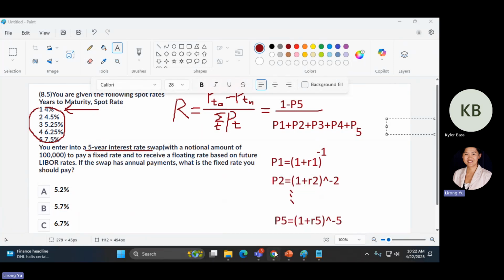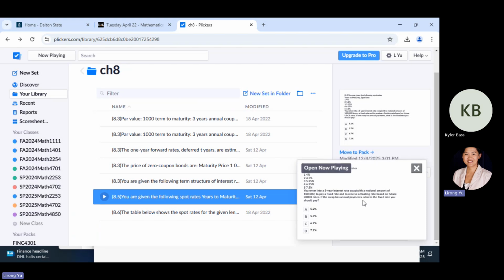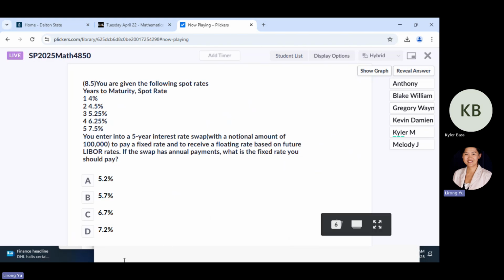It certainly will be faster if you can use Excel, but we can't really rely on Excel. Most of the time, what we have on the FND exam is just your own calculator. Whichever calculator is okay.